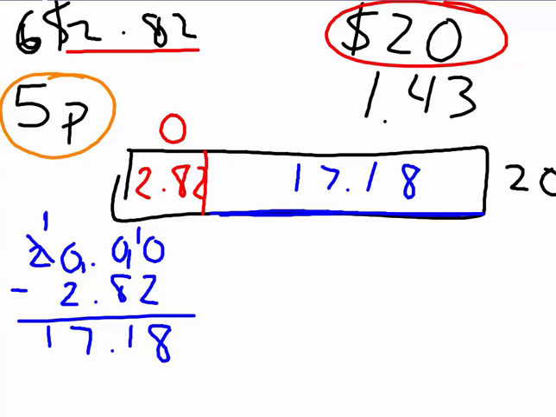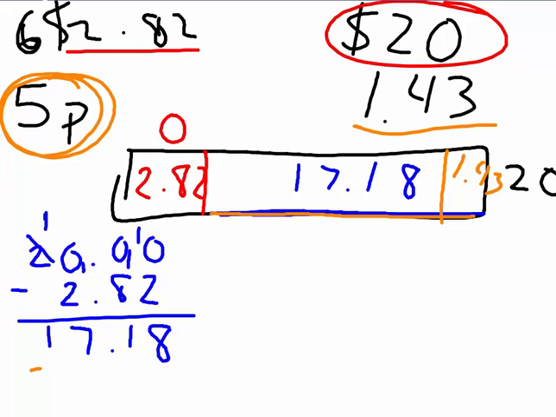Now, how much did these pineapples cost? Well, they cost $17.18, but I got 5 of them. Now, I did something wrong already, so that's why I need to always check. I also got some change back. So this part right here is my pineapples plus the change. So I have to get rid of the change, which was $1.43.